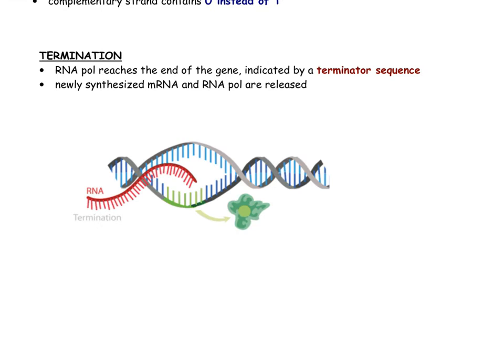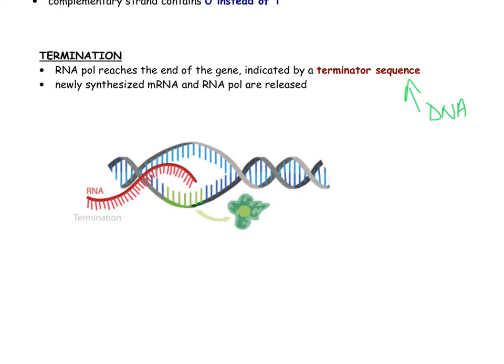So the RNA strand is going to continue to elongate until a section on the DNA, which is referred to as a terminator sequence. And remember, this is not the same thing as a stop codon, right? The terminator sequence is on the DNA, whereas a stop codon would be on our RNA.